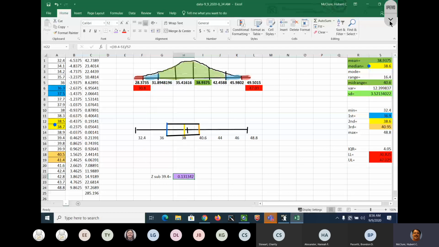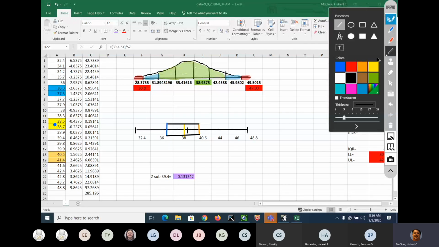Let's see what kind of colors I got. Well, I don't have lavender, so I'll use that magenta. Wait a minute, here we go. We cooking with peanut oil now. Let's go with that color.